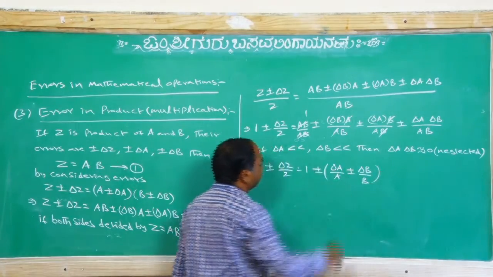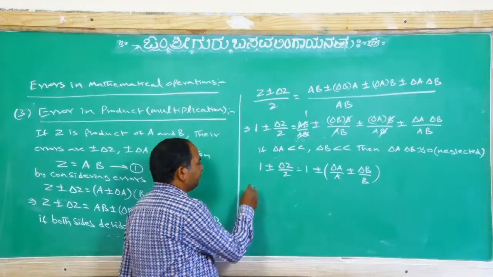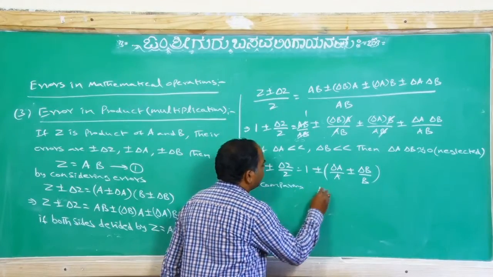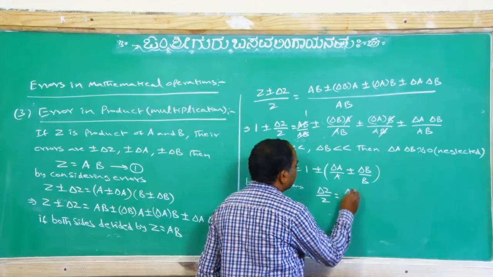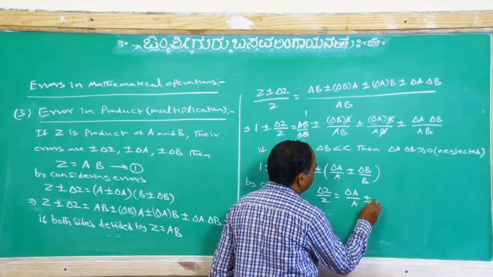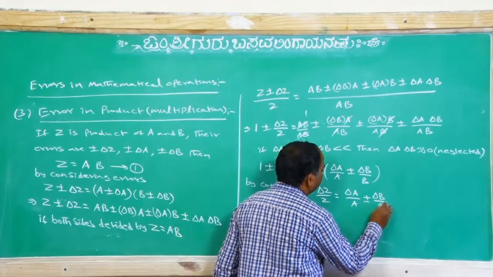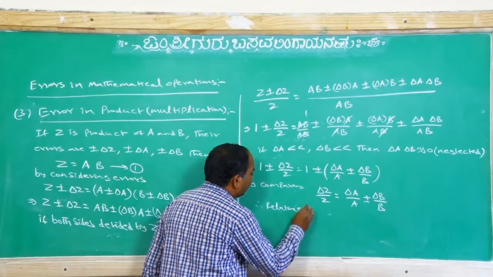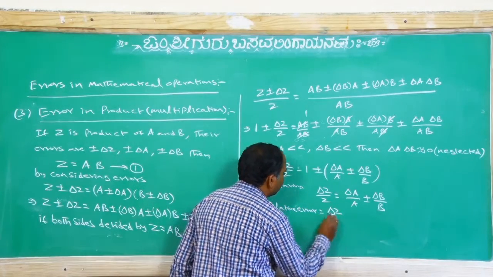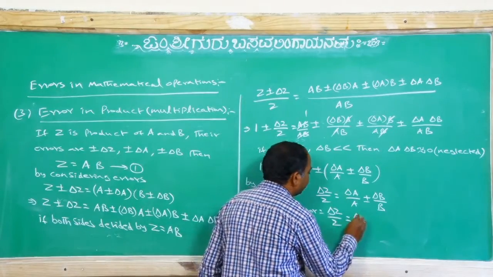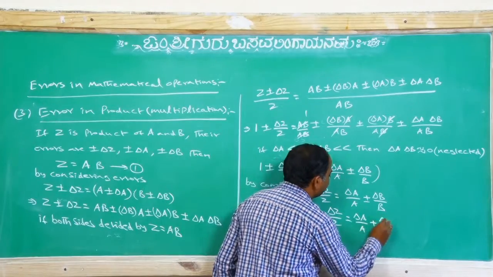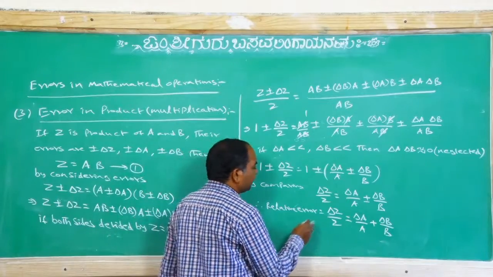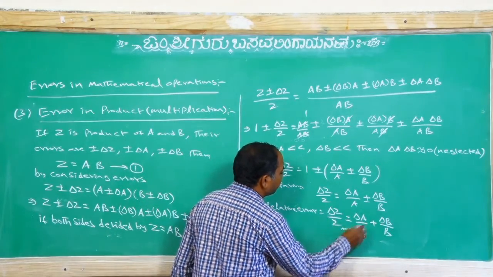You may write like this. Now, by comparing, delta Z by Z is equal to delta A by A plus or minus delta B by B. Therefore, relative error means delta Z by Z, and we consider the maximum, so delta A by A plus delta B by B. Maximum means you should consider plus only.